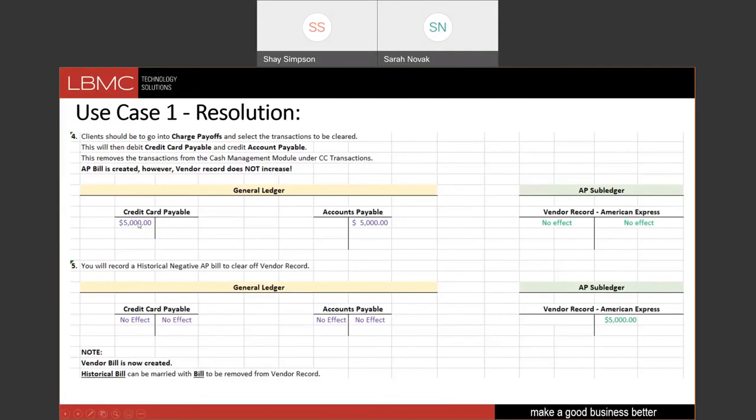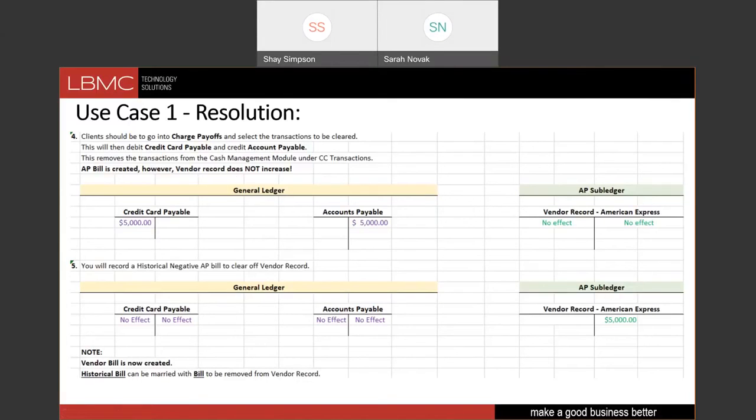It's going to debit the credit card payable, and it is going to credit accounts payable. Now remember, looking back at our transactions, did that have any impact on our vendor record? Nope. But at that point, it created another AP bill.